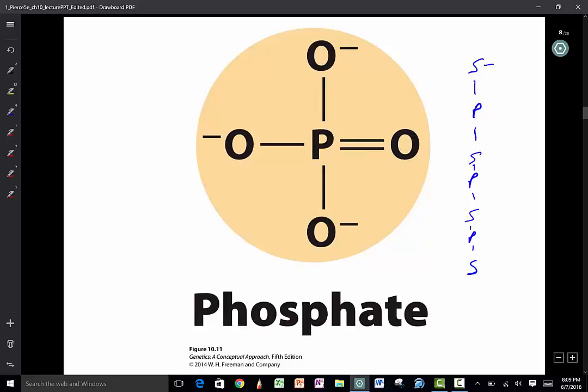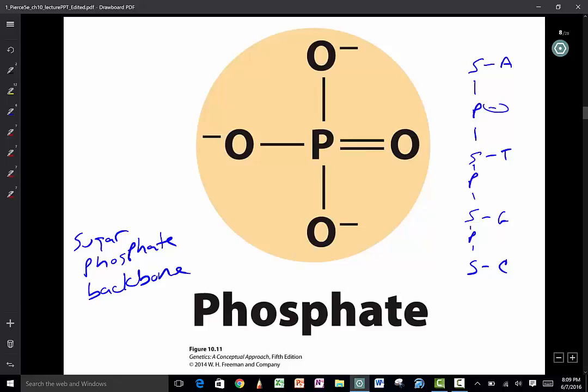And we'll see maybe there's an A sticking off of this sugar, maybe there's a T sticking off that sugar, and a G sticking off that sugar, and a C sticking off that sugar. We have a sugar phosphate backbone, they call this.